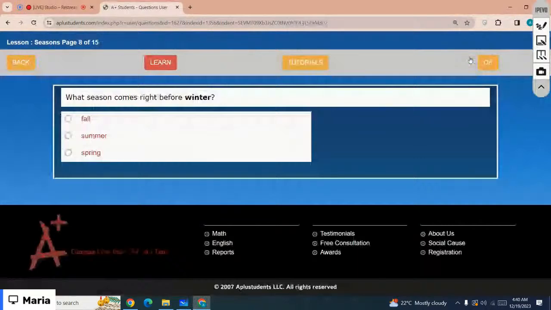What season comes right before winter? Which is the correct option?